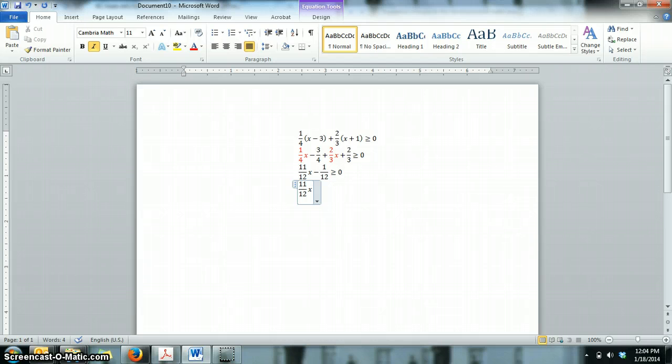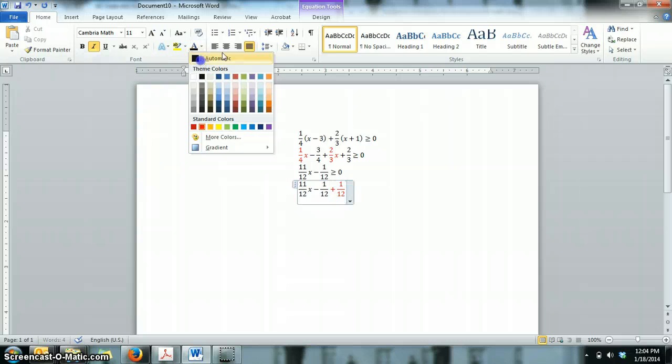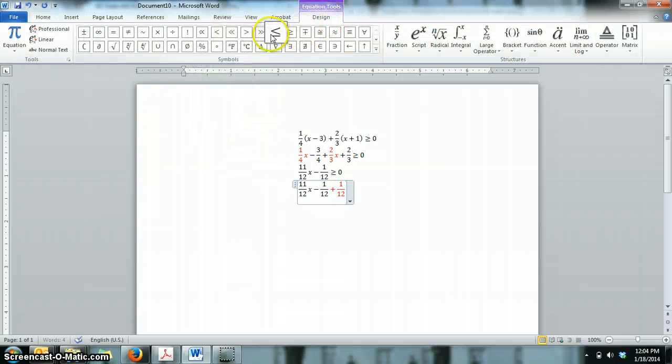So it's going to be, we have this -1/12, right? And what I'm going to do here is add 1/12 to both sides. 1/12 over here. And then we put our greater than or equal sign, and then we have a 0.